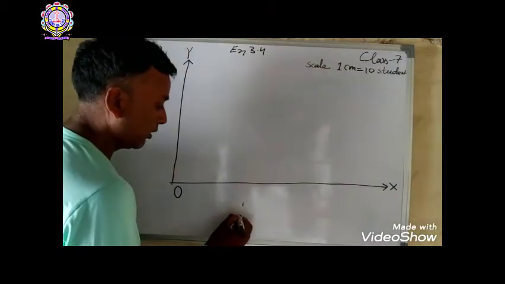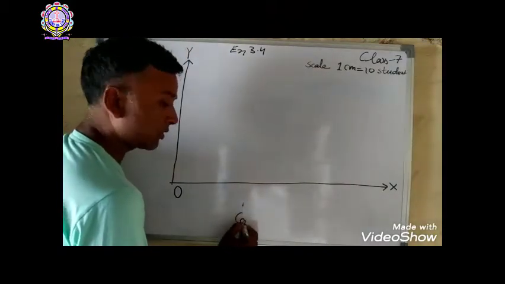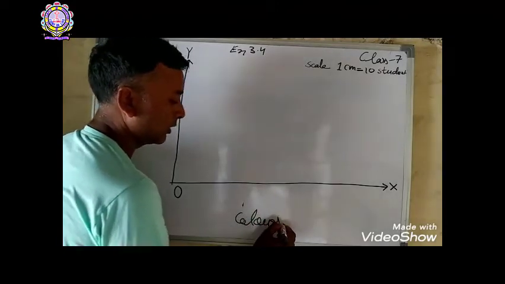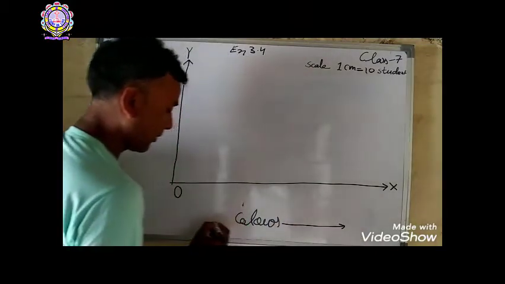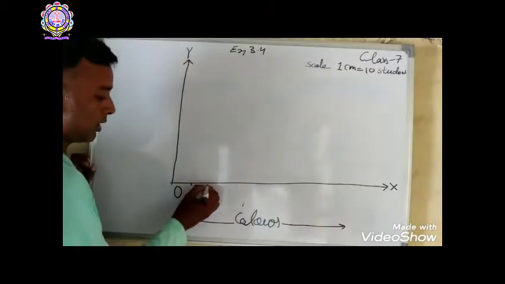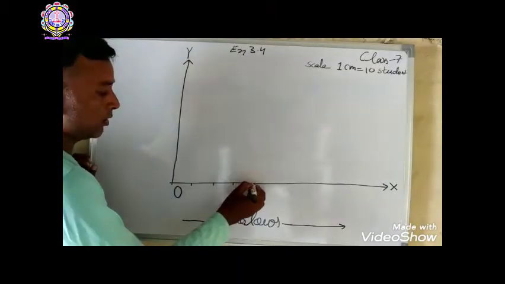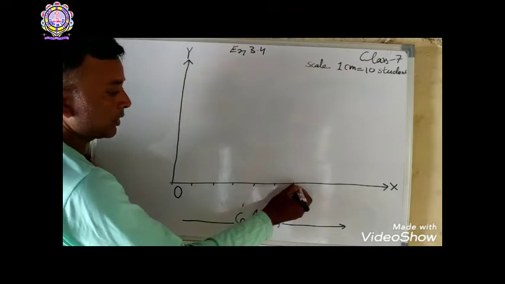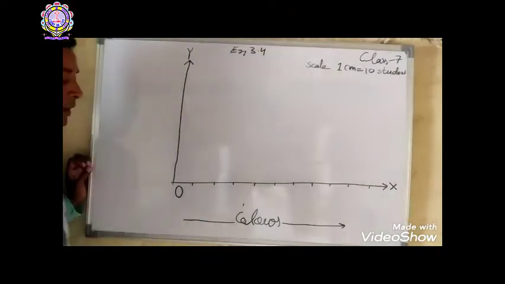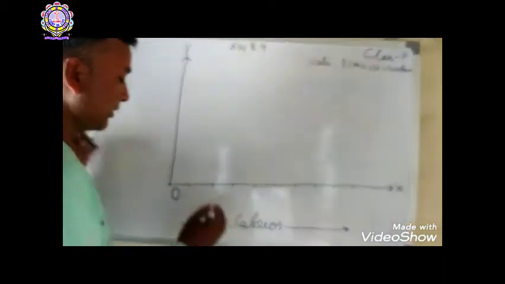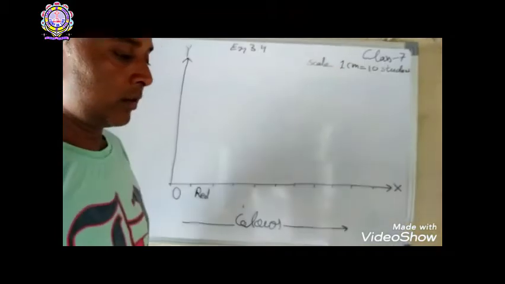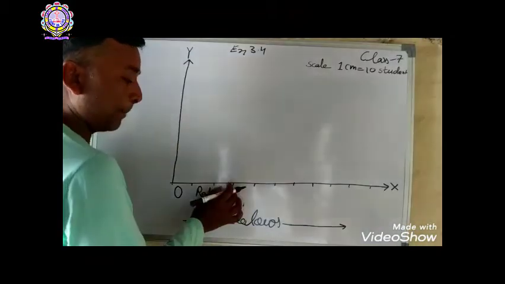So first, write the colors' names here, and make equal divisions 1, 2, 3, 4, 5, 6, 7, 8, 9, 10 and write the colors' names. First is red, so write red here. Then green, leaving one gap.